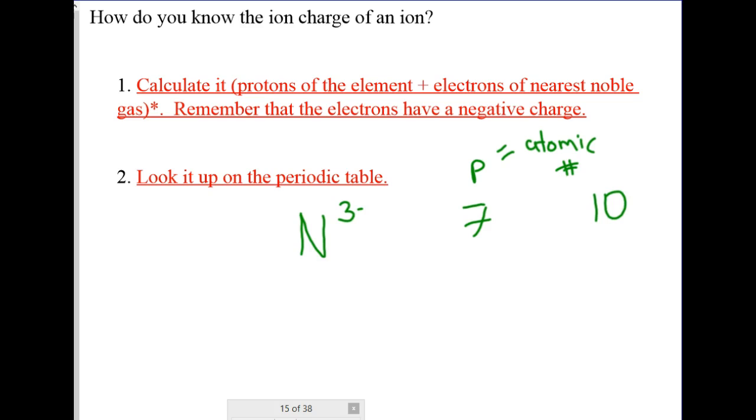Remember that this is 3 negative, which means I have to have 3 more negative charges in order to have a 3 negative net charge. One way for me to check: positive 7 plus negative 10 is negative 3.